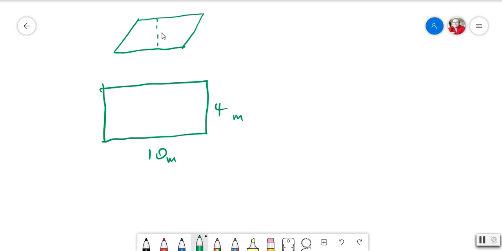For a parallelogram, the height's inside, but this is the same thing as the height for a rectangle. Except instead of calling it that, we call it width, and this is length. So for a rectangle, we say area is length times width, which is really the same thing as base times height. For a parallelogram, we just call them different things.